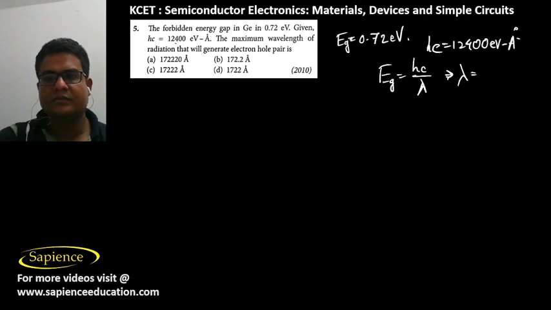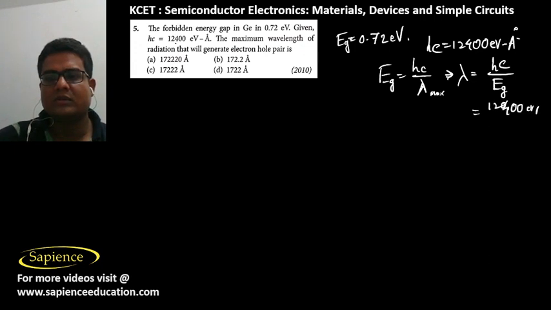So the maximum wavelength that will generate an electron hole pair will be hc by the energy band gap, that is 12,400 electron volt divided by 0.72 electron volt.